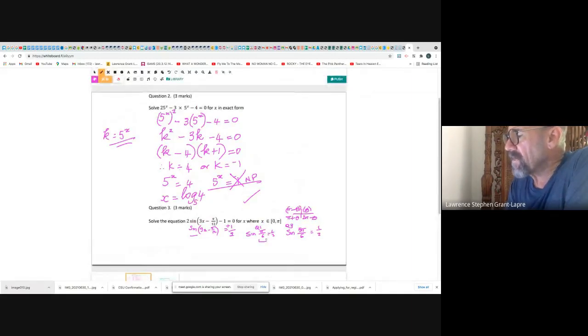Looking at our x value, it is restricted to be between 0 and pi. Now that means 3 times our x value can be between 0 and 3 pi. And then 3x minus pi over 12 is going to be between negative pi over 12 and 3 pi minus pi over 12.